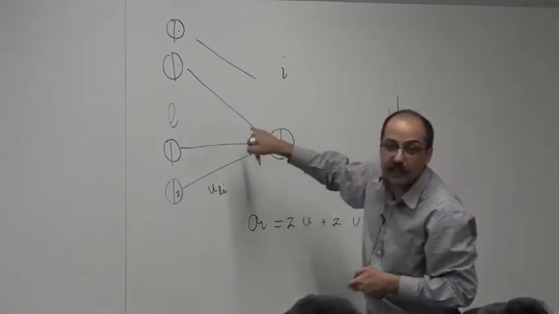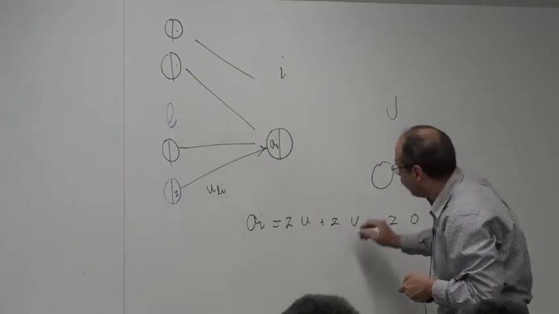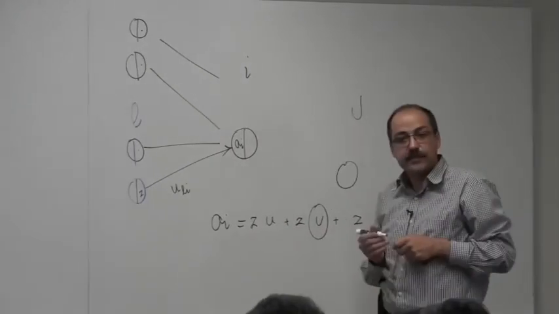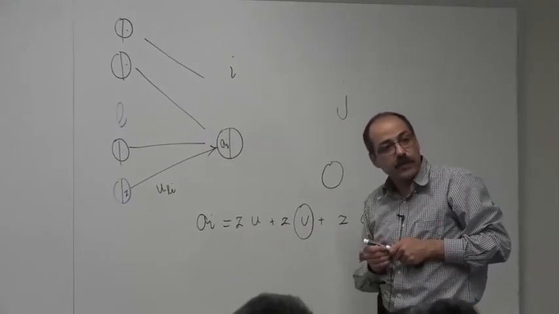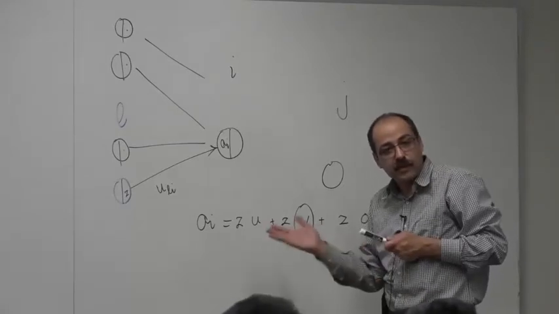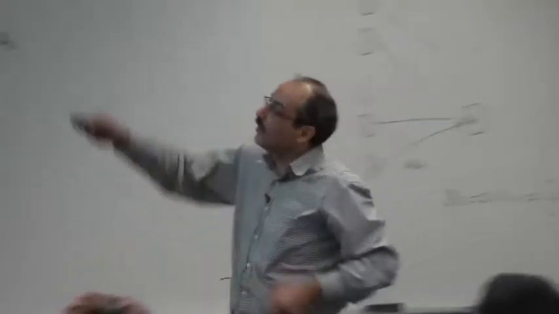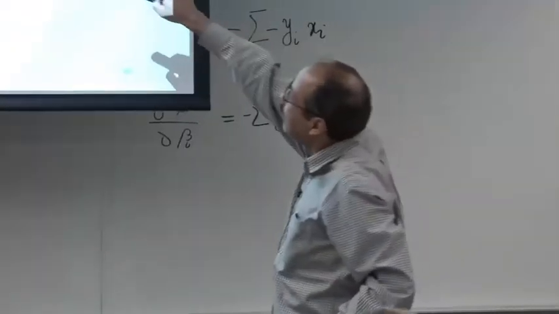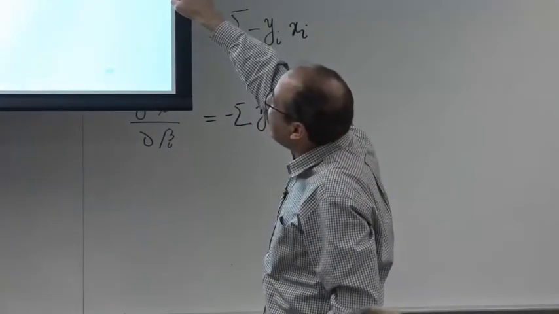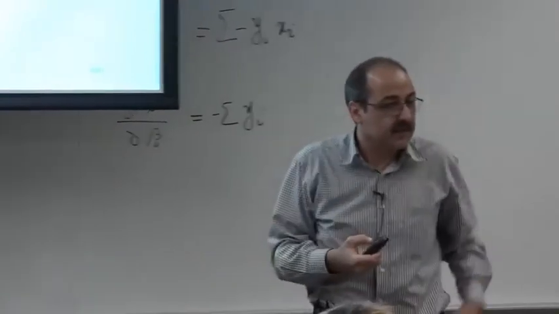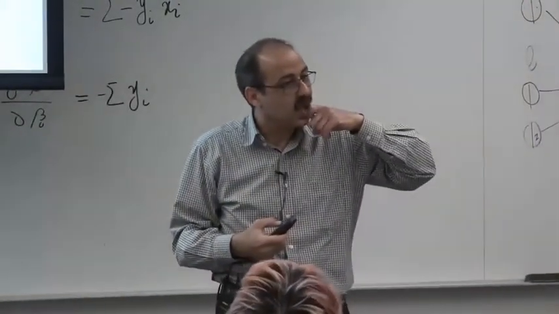And now I'm taking the derivative of a_i with respect to one of these weights. So what would be the derivative? The corresponding z, right? So the derivative of a_i with respect to u_i^l simply would be z_l, the corresponding z.